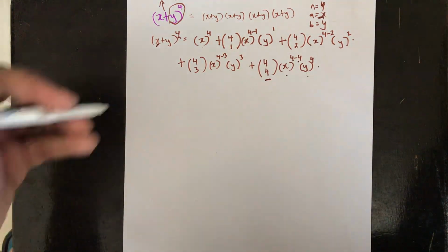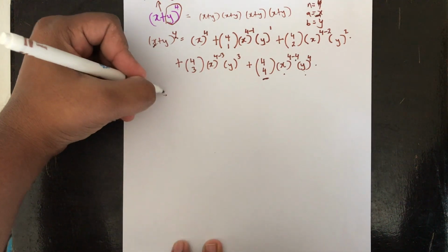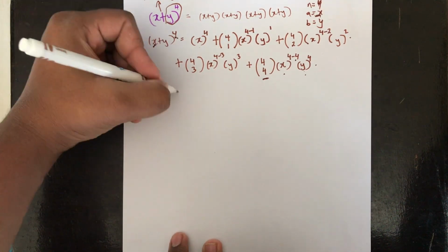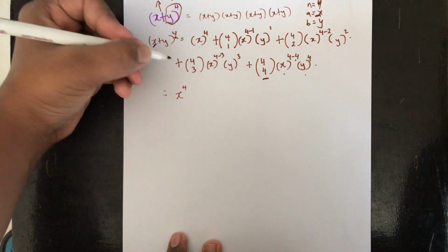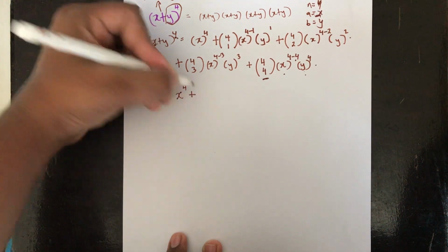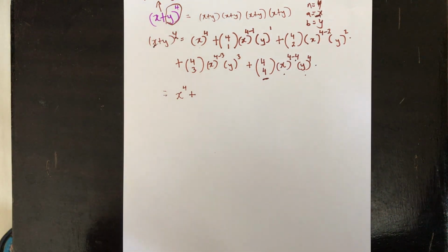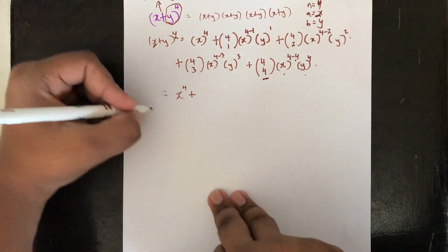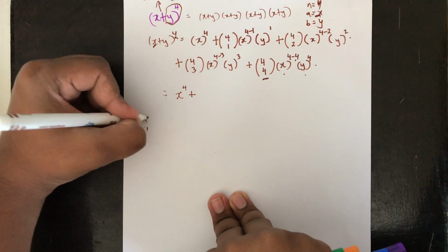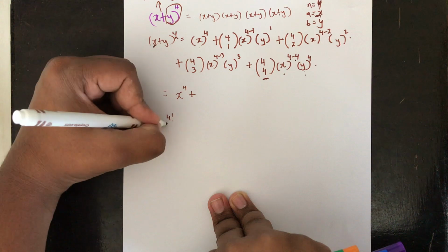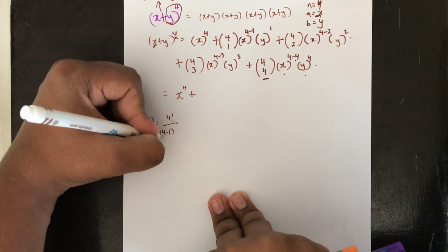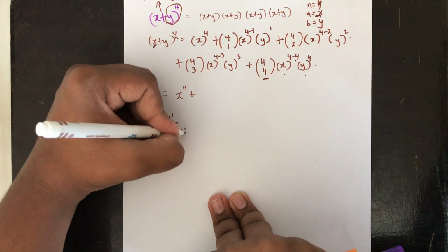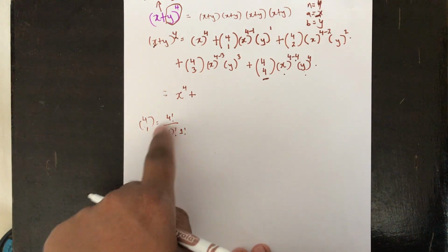So let's do this step by step. So we have x power 4 plus 4 choose 1. 4 choose 1 is the same as 4 factorial over (4 minus 1) factorial into 1 factorial, because this, you need to remember.